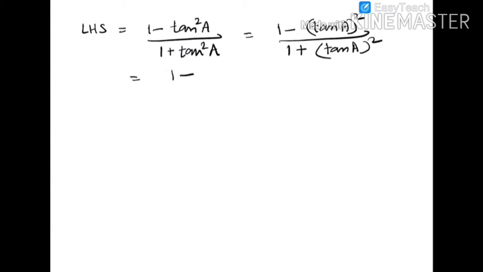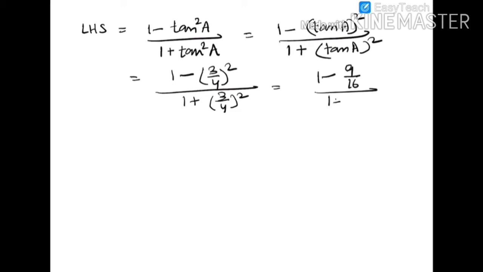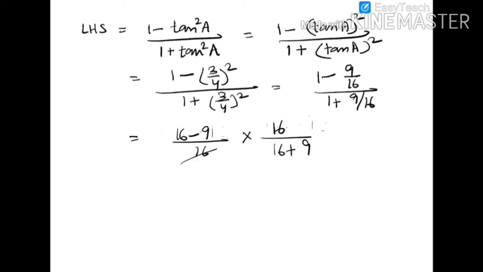We get 1 minus 3 upon 4 square divided by 1 plus 3 upon 4 square, which is 1 minus 9 upon 16 divided by 1 plus 9 upon 16. On simplifying, we will get 16 minus 9 upon 16 into 16 divided by 16 plus 9. So we get 7 on 25.